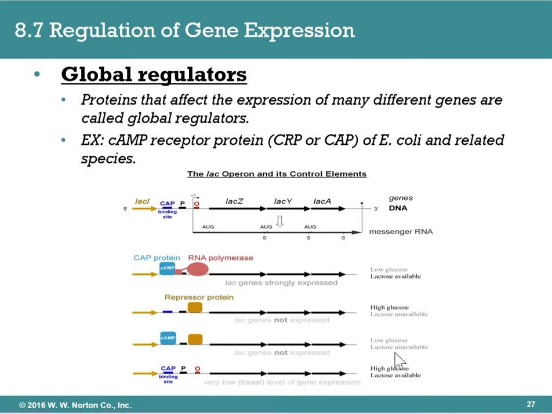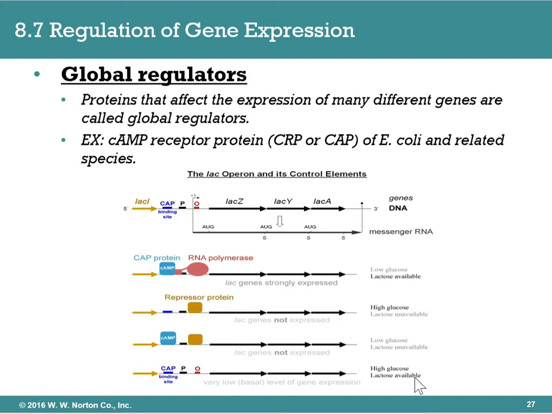Now, what if we have no glucose and no lactose? What will happen is that the CAP will bind and the repressor will bind, and with that, there's no expression of lac genes.